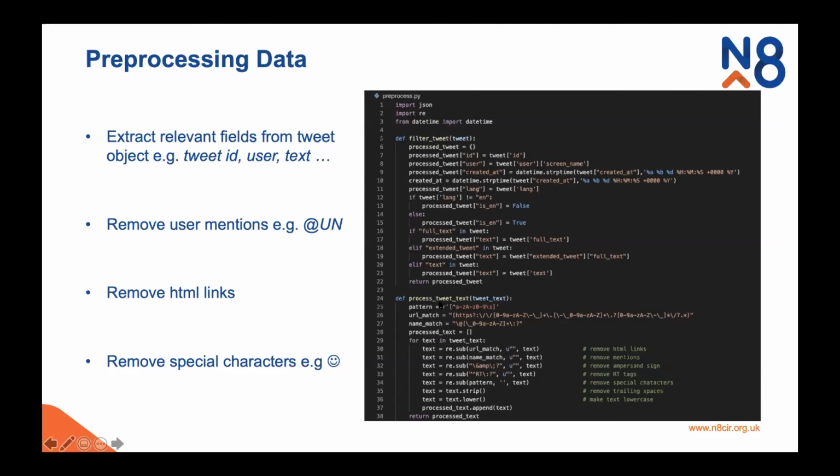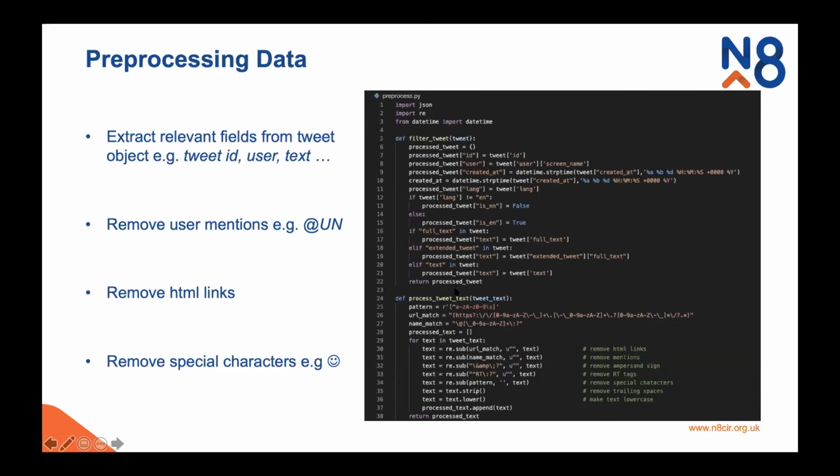So here is the function to process my tweet text. I want to remove HTML links in my tweets, remove all user mentions and things like this. Here I have provided a pattern to match. Any text that matches this pattern would be removed from my text.